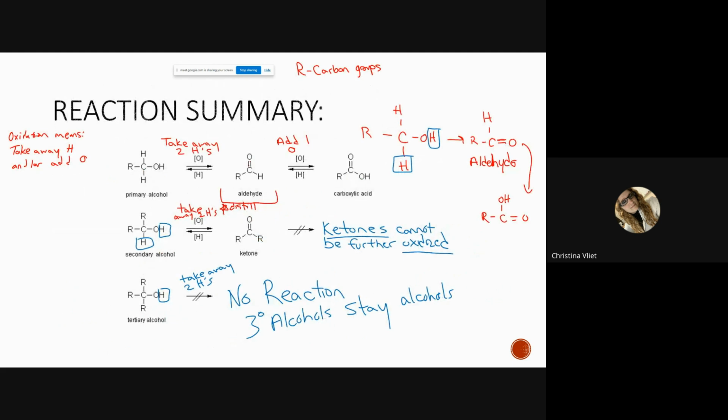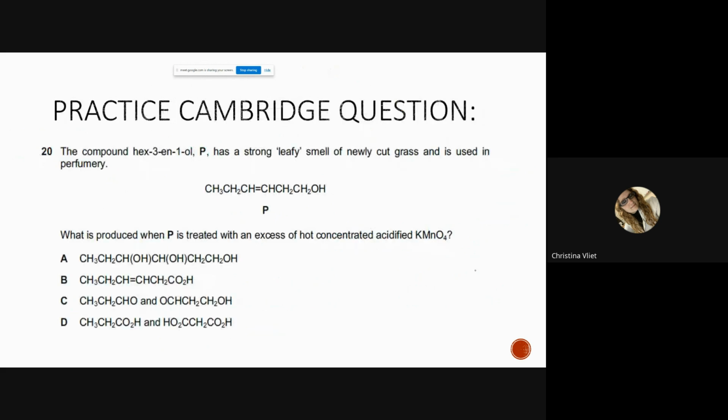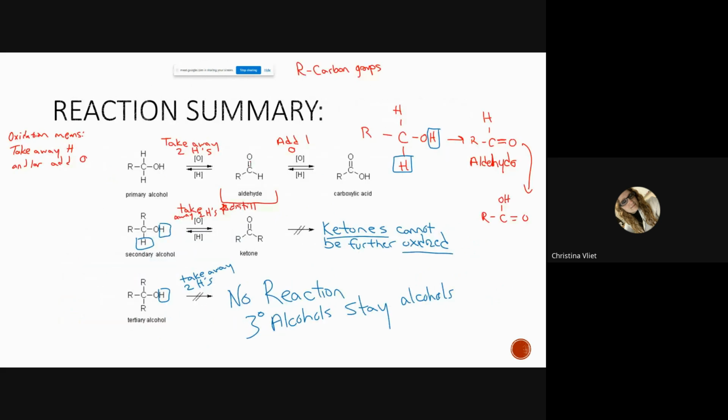Reduction is that way. And so it's the same reactions, but they're inverse of each other. So you can't reduce alcohols anymore, but you can reduce carboxylic acid. And you would do the opposite thing. From a carboxylic acid to an aldehyde, you would take away an oxygen. And from an aldehyde to an alcohol, you would add 2 hydrogens. And so you'll see that later in today's lesson.